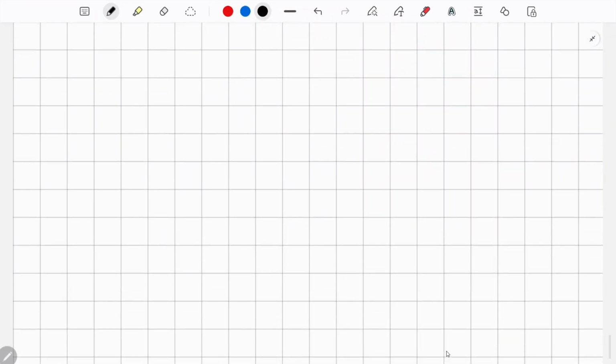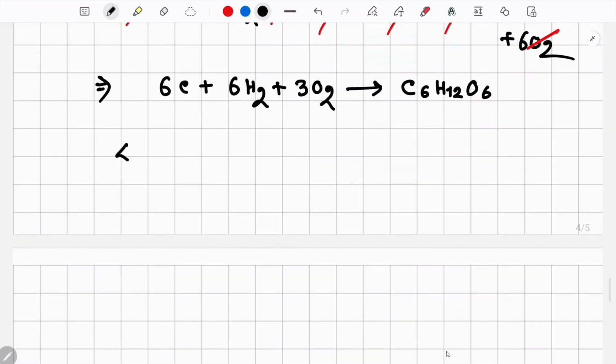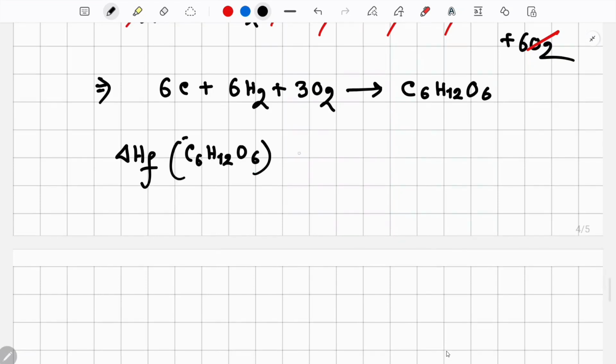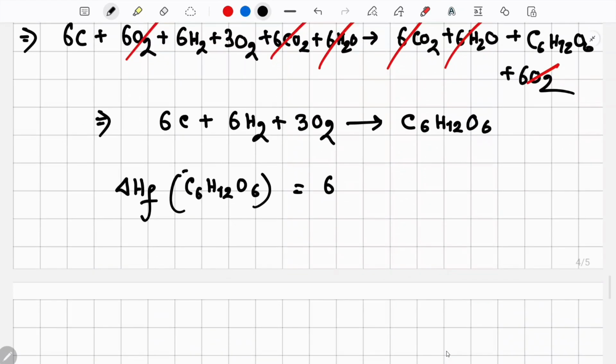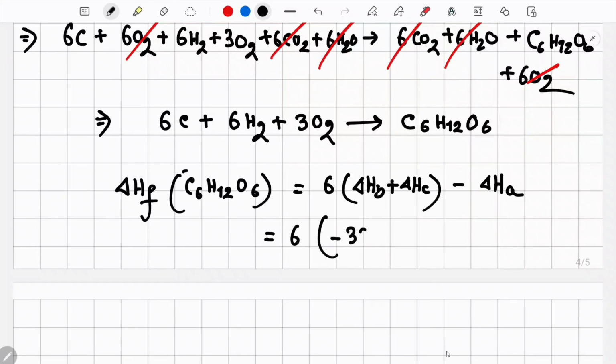Okay, so what will be the heat of formation now? You can calculate the heat of formation for C6H12O6, and that will be essentially 6 times B and C. So B plus C means delta H_B plus delta H_C, minus delta H of A. So it will be 6 times minus 393.5 minus 285.9, and now plus 2816 kilojoule.